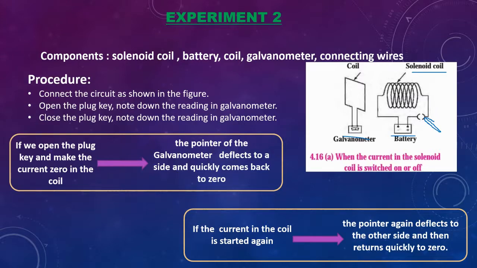So we see that the pointer comes to another side when the key is closed, and it again comes back to 0. In this experiment we have studied that when the plug key is open and when it is closed, in both cases the galvanometer will deflect on either side and come back to 0.